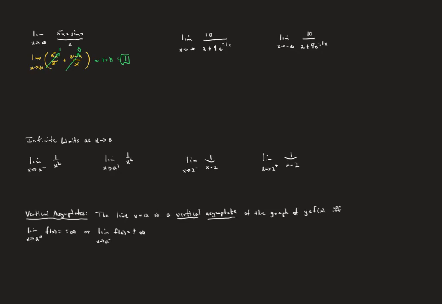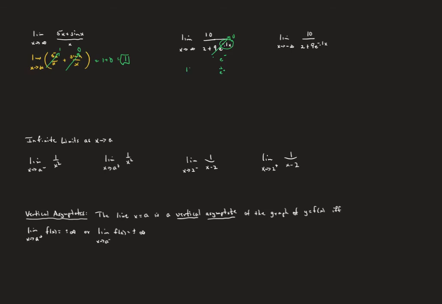Next one's really interesting. This is one we'll see quite a bit in here. So first, as x goes to positive infinity, let's think about what happens. As x gets really, really big in the positive direction, it's going to get multiplied by a negative, so that's going to make that be a very large negative number. E to a large negative is, remember, 1 over e to a large positive, and as that gets really, really big, this term is going to go to 0 and drag that 9 with it.